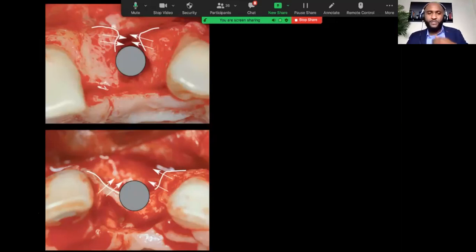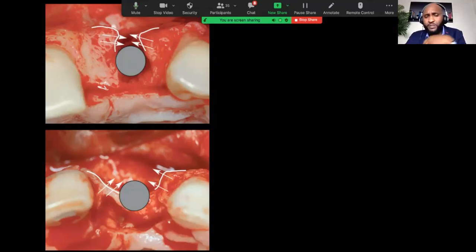At this point, I want us to ask ourselves, so when we have a deficiency, do we place an implant and graft at the same time, or do we graft and come back later? I get that question all the time from colleagues. Now, for you to know whether to simultaneously graft and place the implant or not, you need to look at whether a defect is favorable or non-favorable.